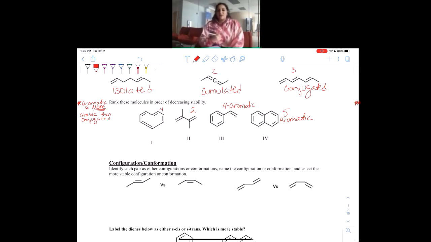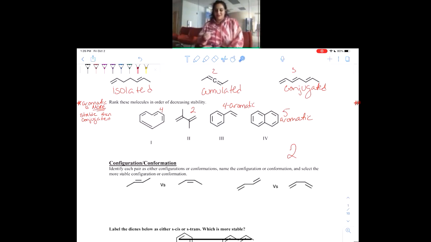So between these, which one is obviously the least stable? 2. The reason I say obviously is because these have 4, 4, and 5, and this one only has 2 double bonds. It's going to be the least stable. Next up, we have either 1 or 3. Between answer choices 1 and 3, which one will be more stable? 3.